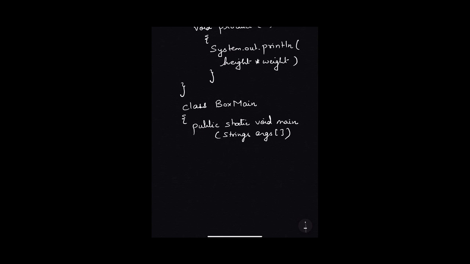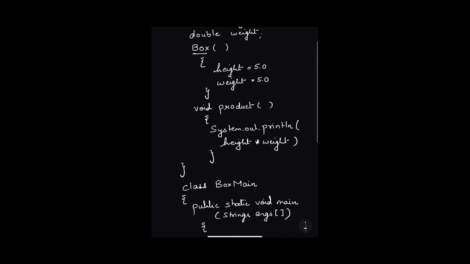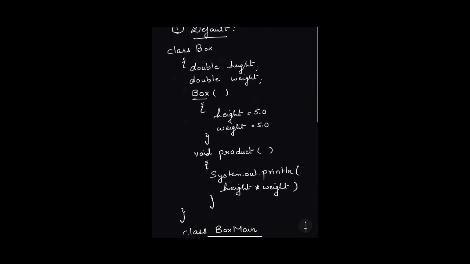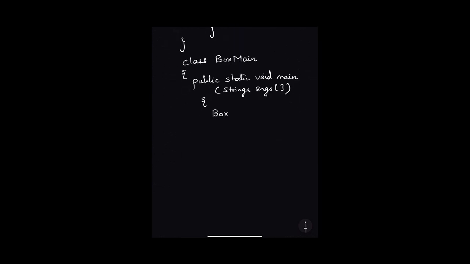Now I have to define an object of class box since I have a box class over here. So I'm going to define an object of box class. Let the object name be ob1 and I will call this box constructor over here.